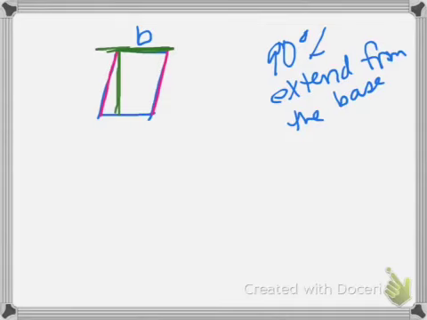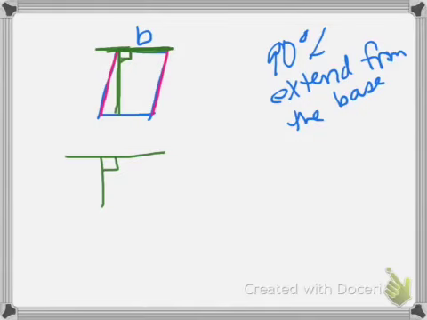And then I'm going to put my little box in the corner to show that that's a 90-degree angle. Okay. So now you notice our perpendicular lines, this time, go this way. And that's fine. As long as they make 90-degree angles, that is the most important, okay?